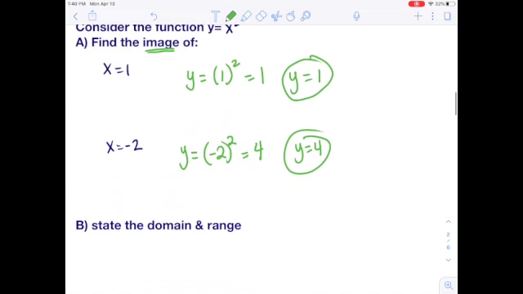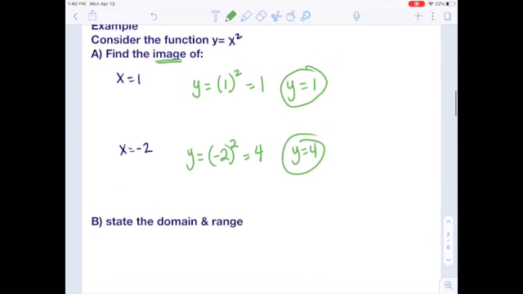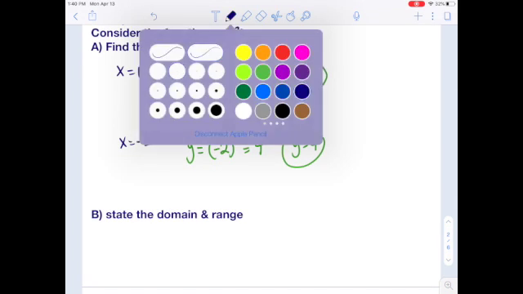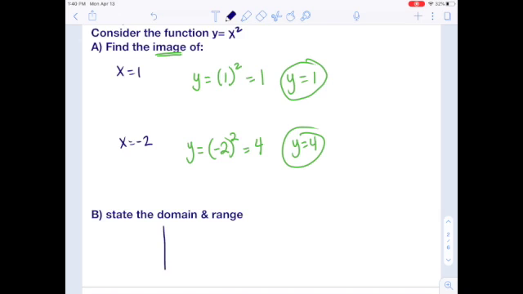So if we wanted to state the domain and range of this function, you kind of have to know what y equals x squared looks like. If you remember way back in Algebra 2, the graph of it would just look like a parabola facing upward.